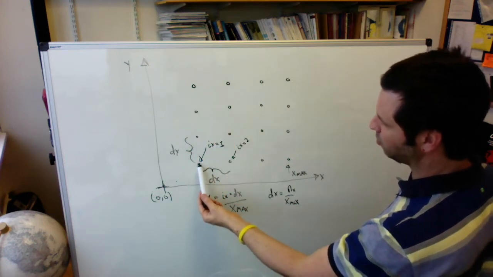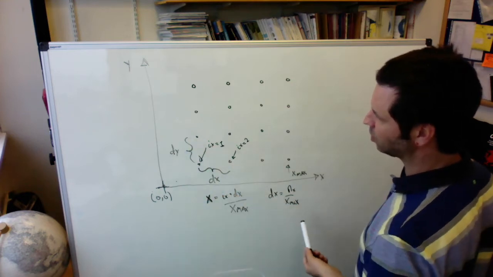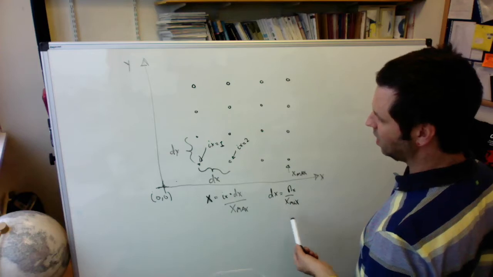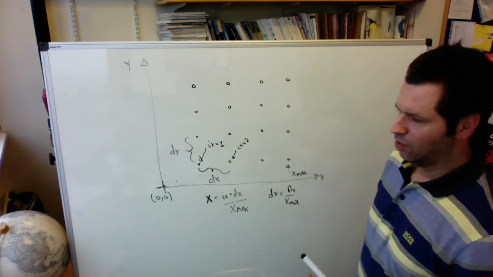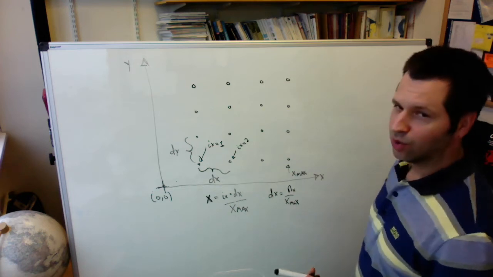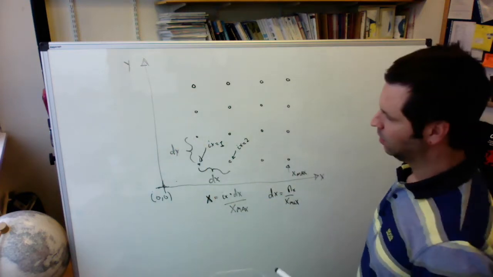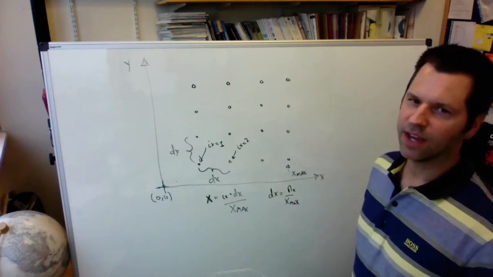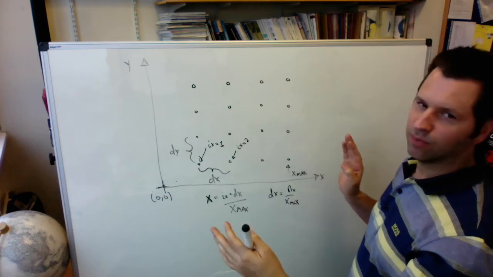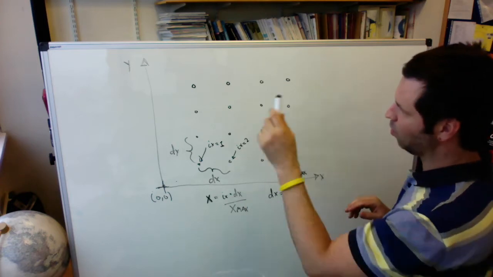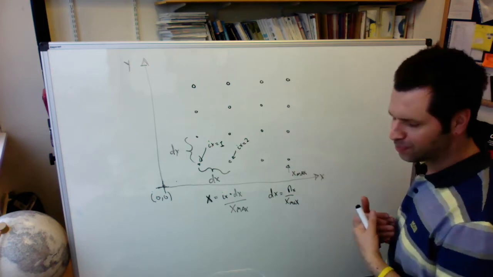So in this case, it would be iy times dy, which is the spacing between positions along the y-axis, divided by y max. Now, if you want to make your life simple, which you do, you want x max and y max to be the same thing, and you want dx and dy to be the same thing, because you want a square volume along the x, y, and z axes. You don't want to create some irregular volume.